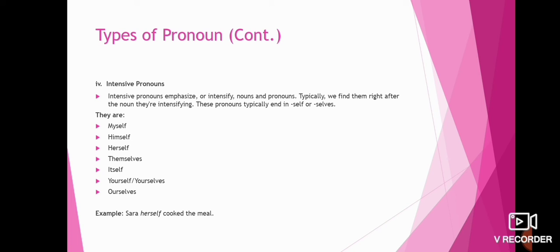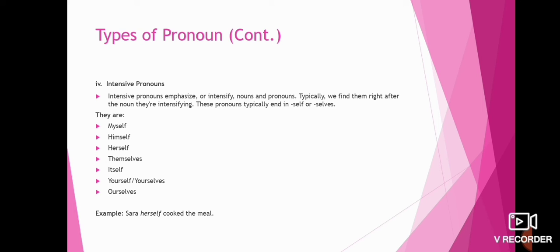And mostly जो है we put them after the noun or pronoun जिसको ये emphasize करते हैं, ठीक है? मतलब उसी noun या pronoun के बाद ही आती है जिस पर हमने emphasis देनी होती है. And the intensive pronouns की जो ending होती है it is something like this, self or selves. For example, myself, himself, herself, themselves.